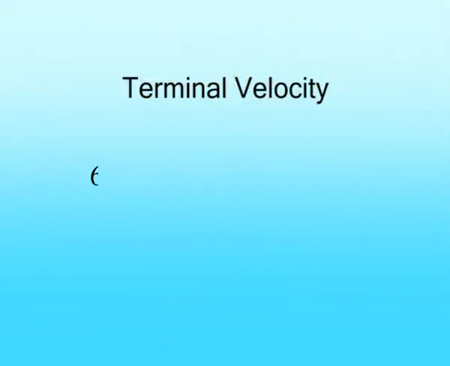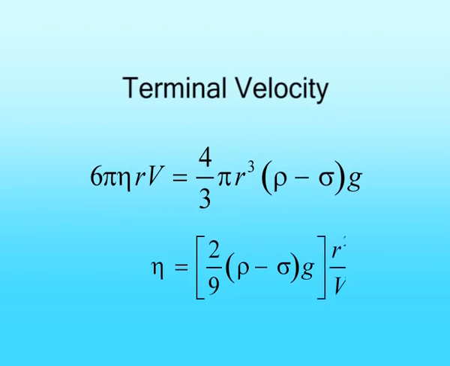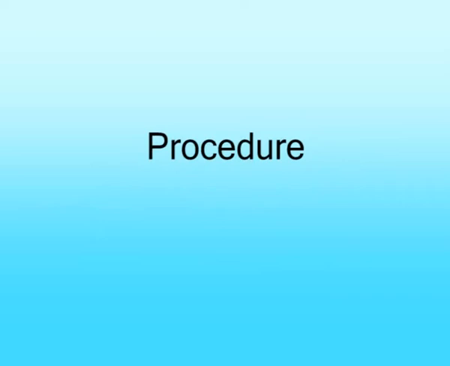Thus, 6 pi eta r into v is equal to 4 by 3 pi r cube into the difference of rho and sigma whole into g, from where eta can be calculated as 2 by 9 into rho minus sigma into g whole into r square upon v. Now, get ready to understand the procedure.